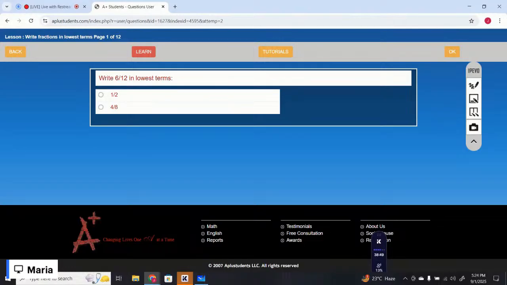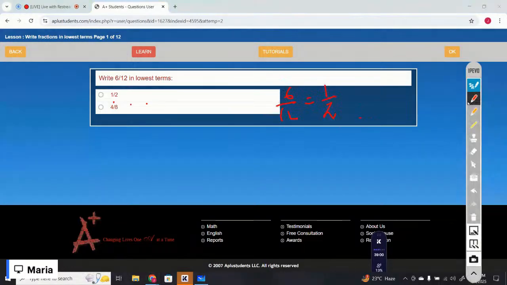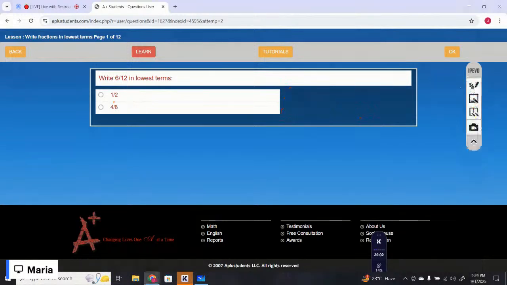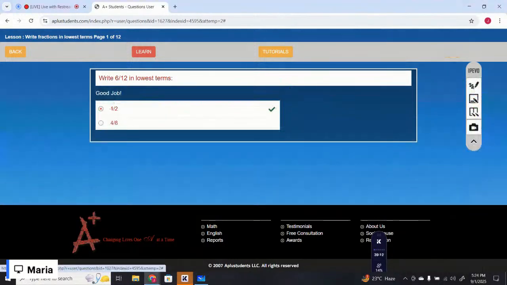Write 6 by 12 in lowest terms. So 6 over 12. 6 times 1 is 6 and 6 times 2 is 12. Option number 1 is the correct option, that is 1 by 2.